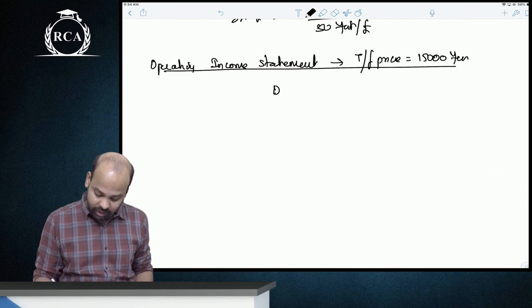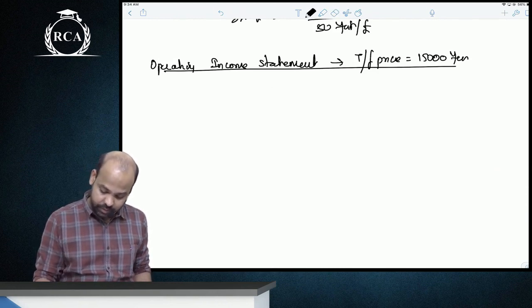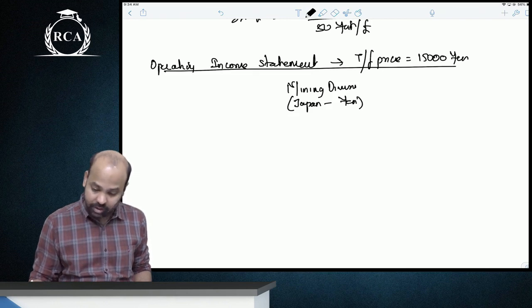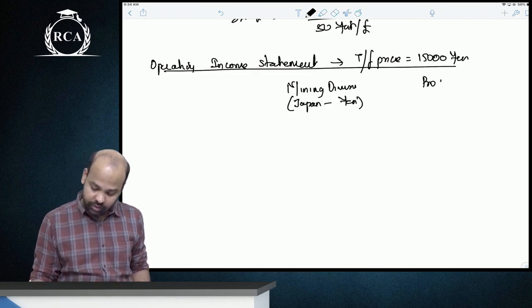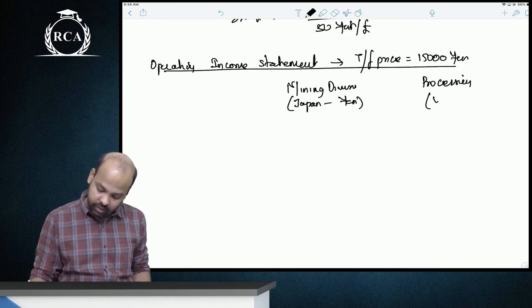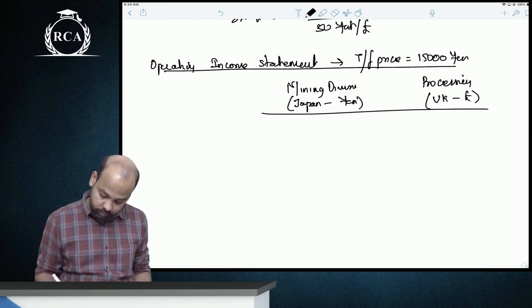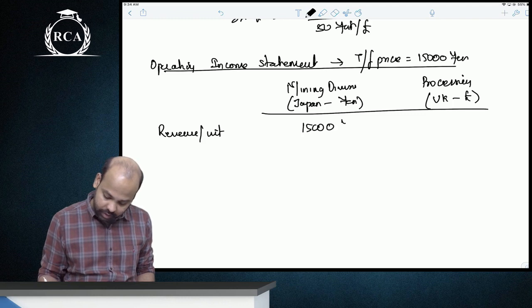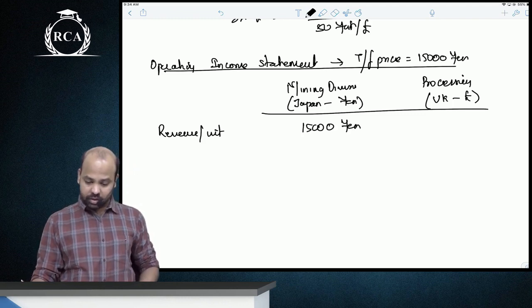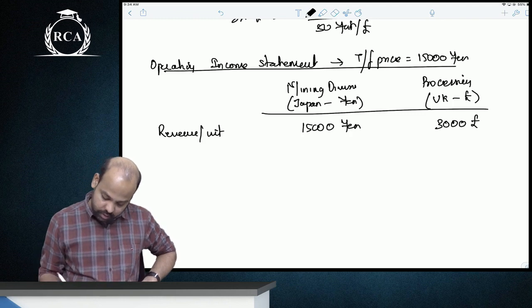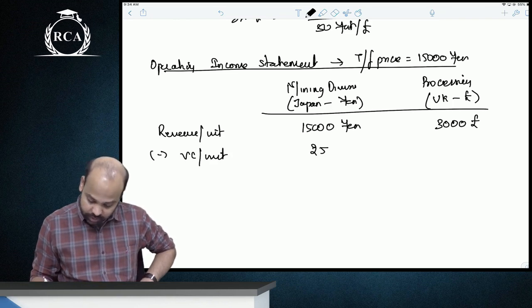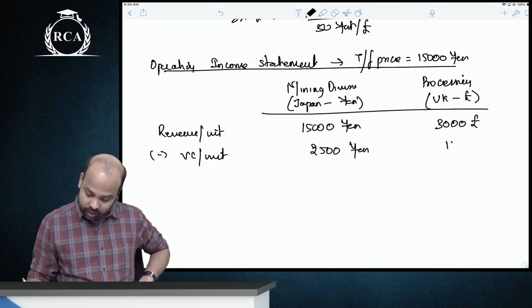So there is the mining division in Japan, in yens, and then the processing division in UK, in pounds. The revenue per unit for them is 15,000 yens, and for the UK it is 3,000 pounds per carat. Less your variable cost per unit: here it is 2,500 yens, and here it is 150 pounds.